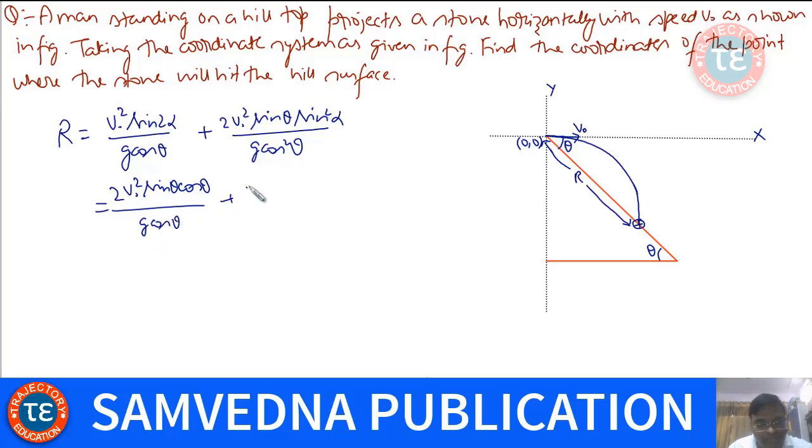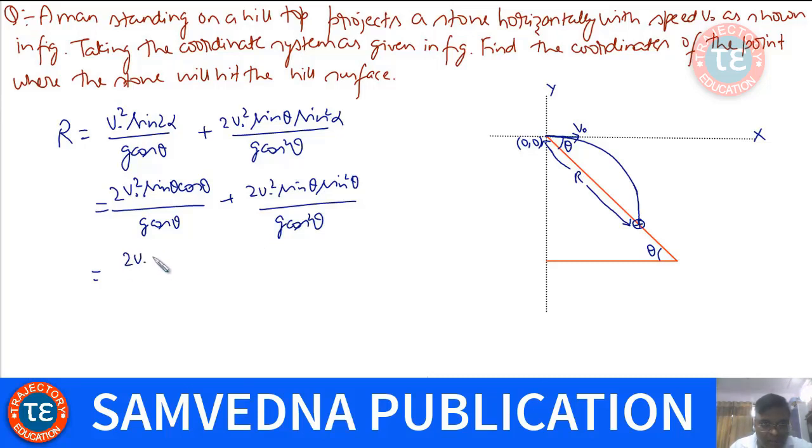So we get v0 square into 2 sin theta cos theta over g cos theta, and 2 v0 square sin theta sin square theta over g cos square theta. Is it not? So that will simply give you the answer, this is the R basically.